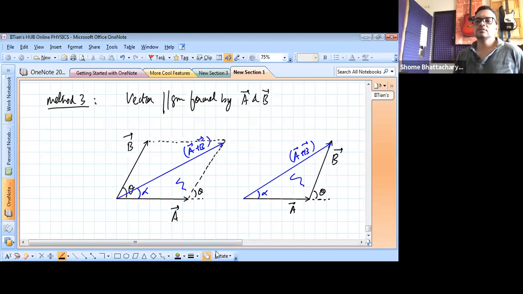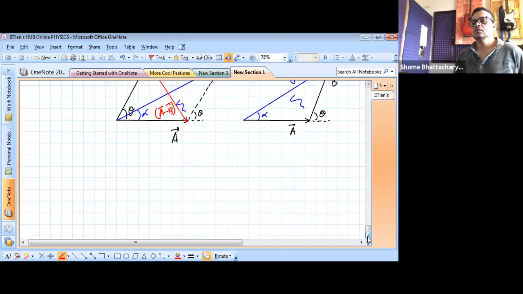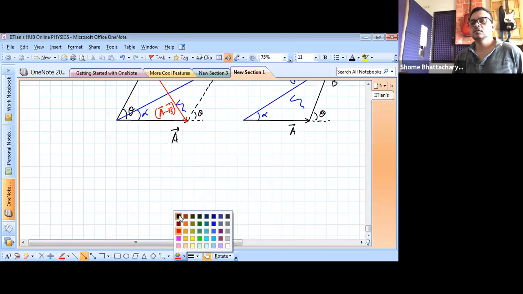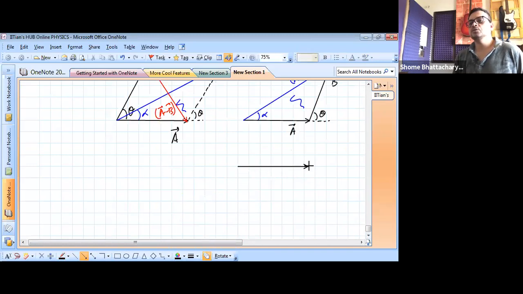Okay. And likewise, if you consider the second diagonal, this one, it represents the difference of A and B. So this is A minus B, because similarly, if you were to construct the difference of the two vectors using a triangle, you would first construct the vector A, and then you would add to that the vector minus B. So that would look something like this.